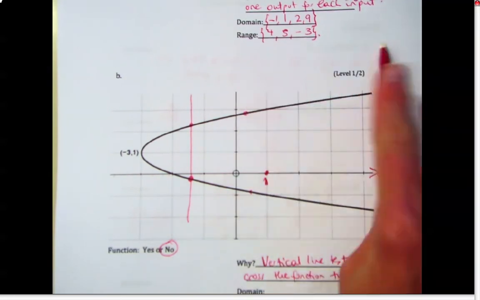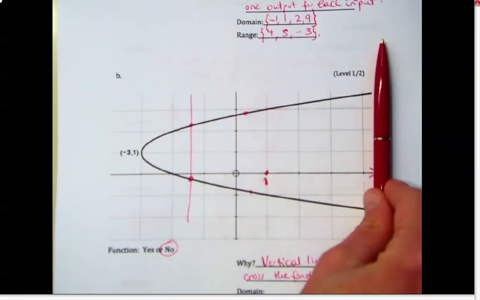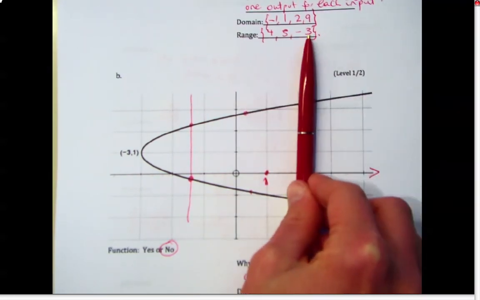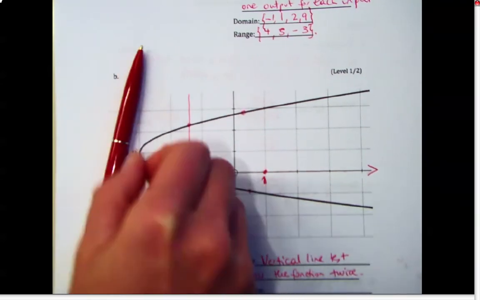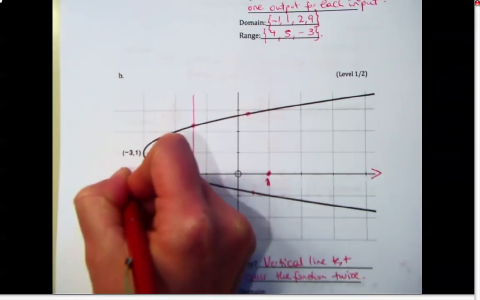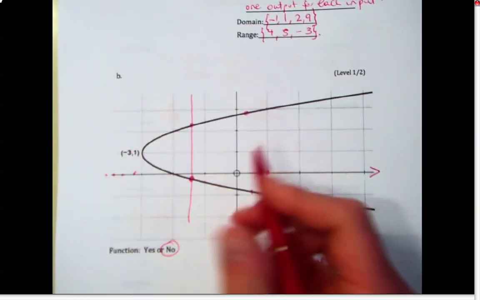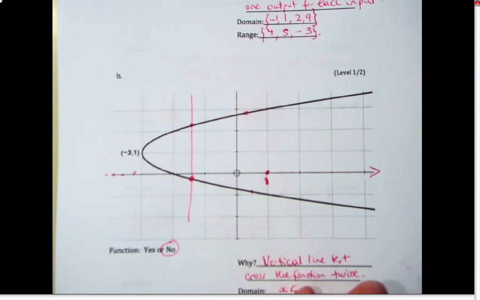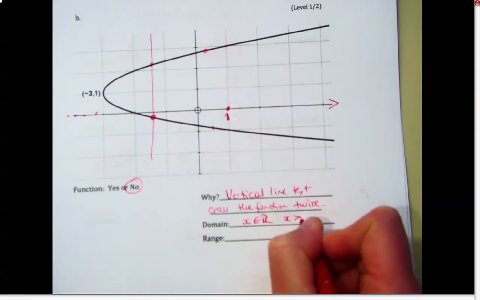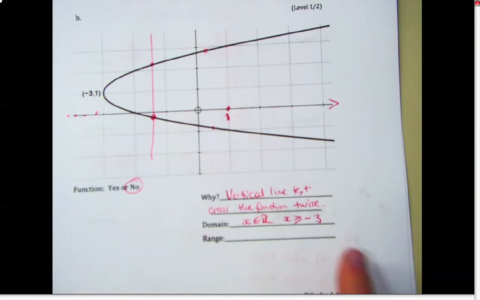Hopefully you can realize that all of these x values have a y output, but these do not. Only the x values that are real numbers greater than or equal to -3 have got an output.